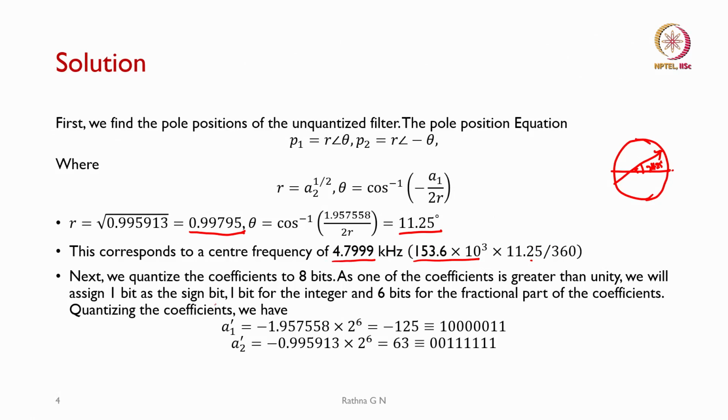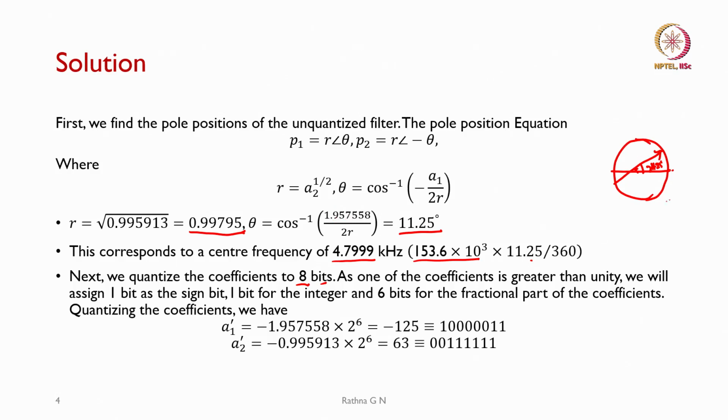Now, what you have been given in the problem is, we have to quantize the coefficients to 8 bits. That is our constraint, as one of the coefficients is greater than unity. You will see that A1 is minus 1.957558. So, we need at least 1 bit to represent my coefficient in the integer format. So, what will be the representation here?